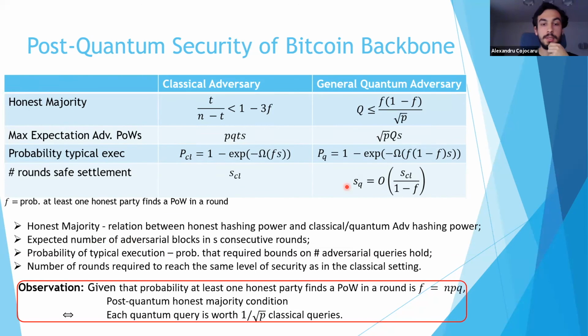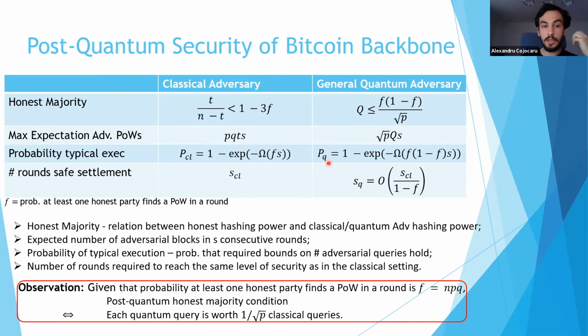So this allows us to obtain the following table of results. We can tell what is the post-quantum honest majority, which, as we have mentioned before, represents a condition on the number of quantum queries of the adversary. Specifically, it must be less or equal than f times 1 minus f over square root of p, where f represents the probability that at least one honest party finds a proof of work in a round.